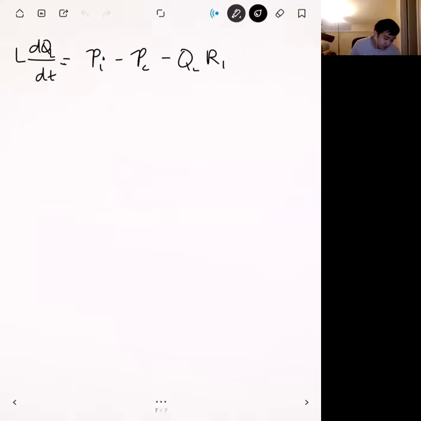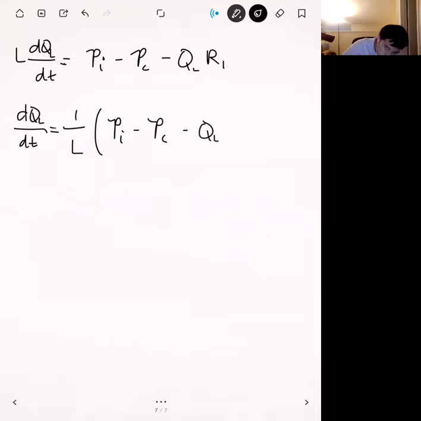Now we can divide both sides by L, and this will give us our first differential equation for the flow on the inductor. So we have dQL dt is equal to 1 over L times PI minus PC minus QL R1.